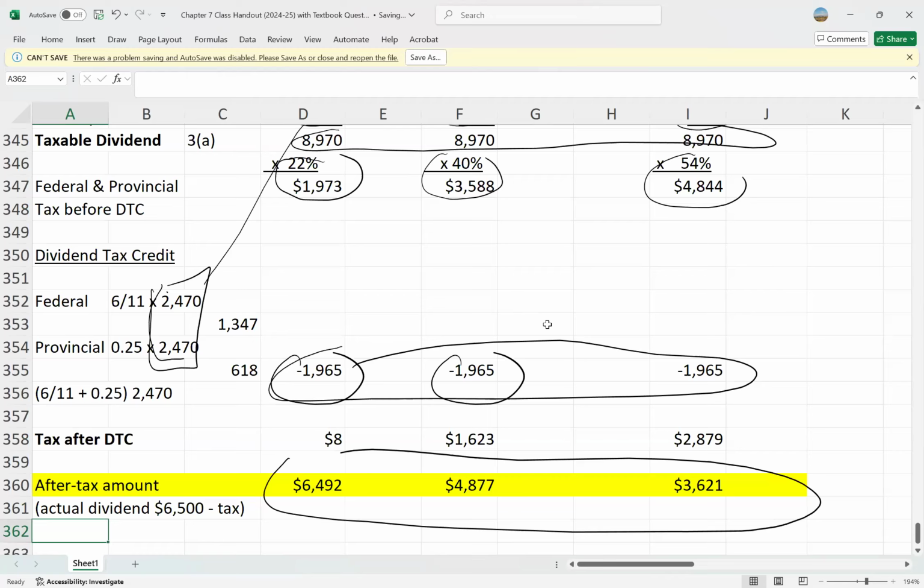They're very systematic, and not hard once you have the steps in front of you. You will be told whether it's an eligible or non-eligible dividend. And if you're required to do the provincial calculations as well, you'll be told the provincial tax or the combined tax rate, and you'll also be told what the provincial dividend tax credit amount is, what percentage of the gross up it is.